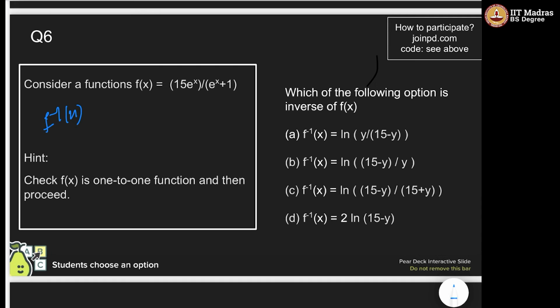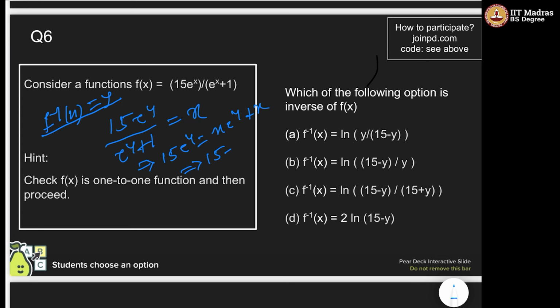So suppose f inverse exists, then we know how to calculate f inverse x. We can just assume 15 e^y by (e^y + 1) equals x, where y is equal to f inverse x. So we will get 15 e^y equals x e^y plus x. Then (15 minus x) e^y equals x.